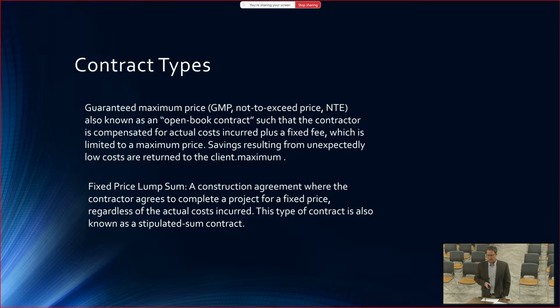I've seen the guaranteed maximum price combined with incentives, so that the fee, which is separate, so it's an open book contract, there's costs associated with the project, and then a fee. I've seen cities that will increase the fee to the general contractor if they can come in under budget.